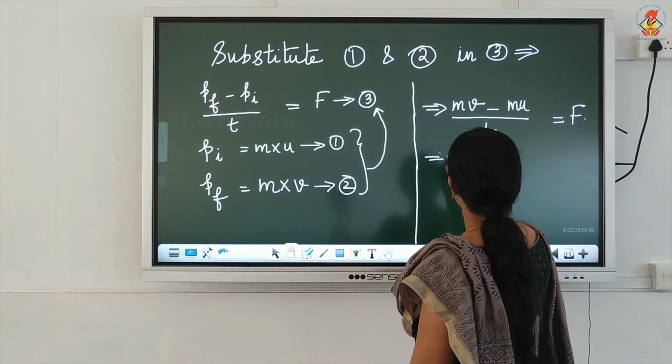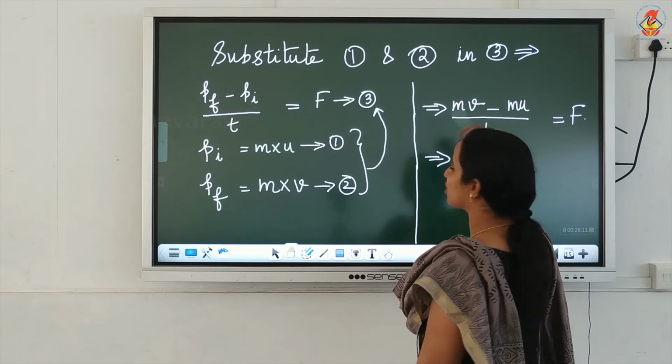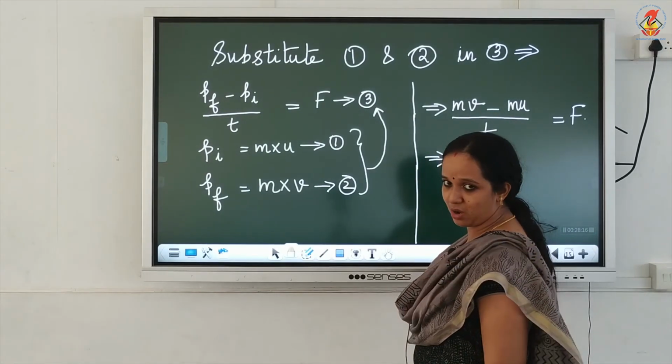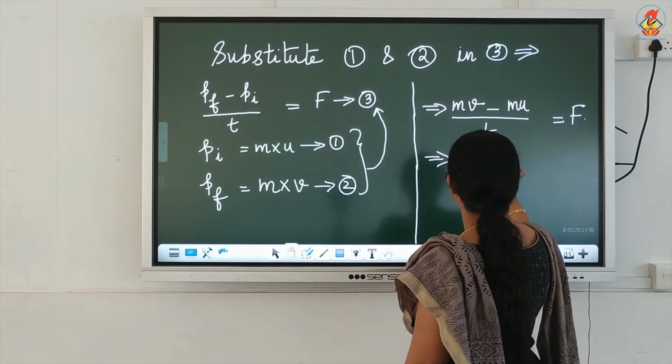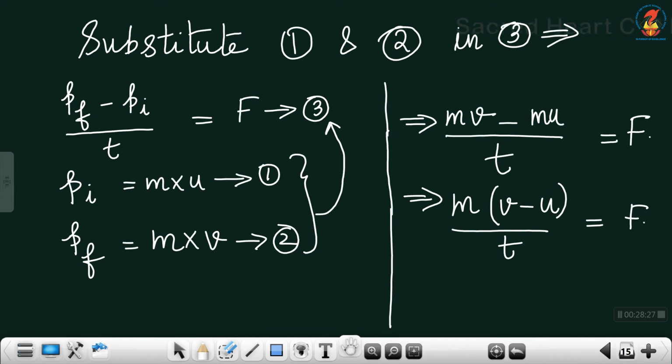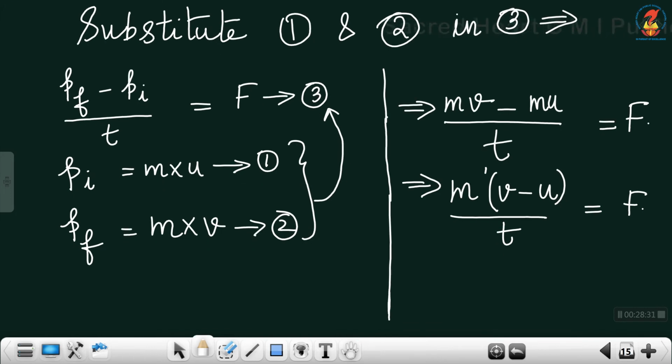Now in this equation m is common in the numerator. Let us take that common term m outside. So it becomes m into (v minus u) by T is equal to F. Now what is (v minus u) by T?